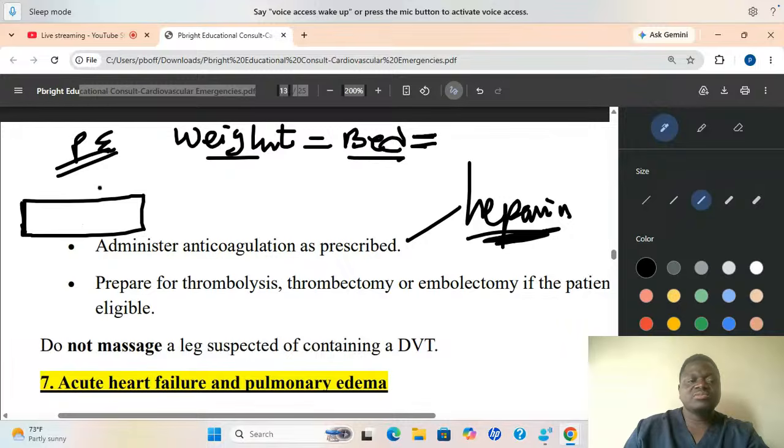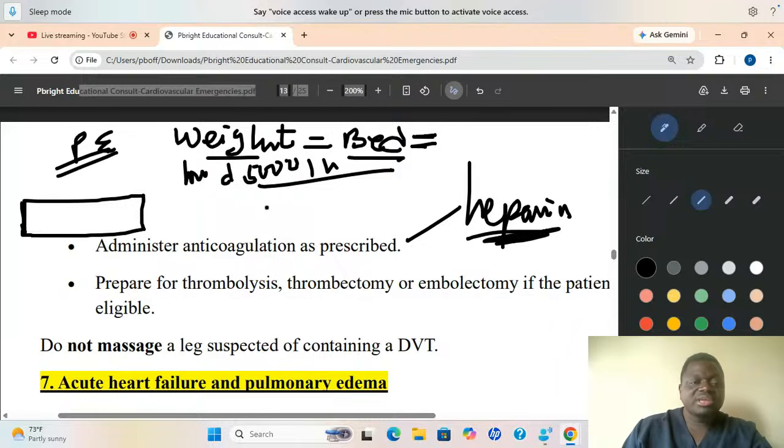But before you give the heparin drip, you should give the first shot, the first dose, the 5,000 units, one dose, before you come and give the drip.